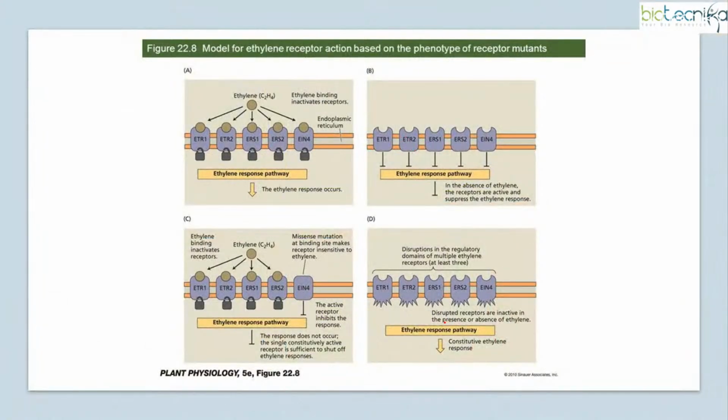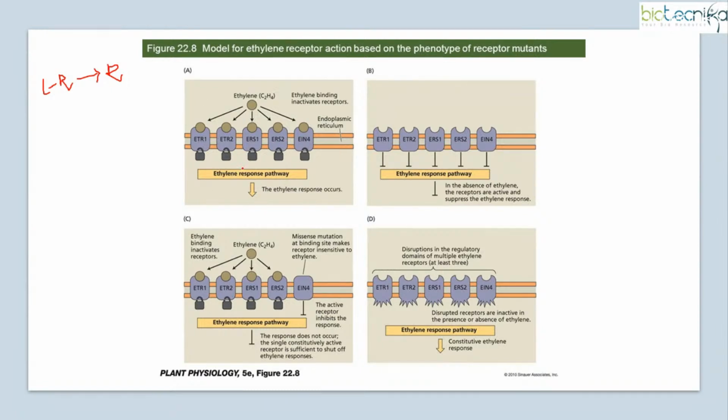Now, if you look into the model for ethylene receptor based upon their receptor mutant, there are four models mentioned over here. So, the unique feature of the ethylene signaling pathway is that in the majority of cases, when a ligand binds to the receptor, the receptor will be activated and generate a response.